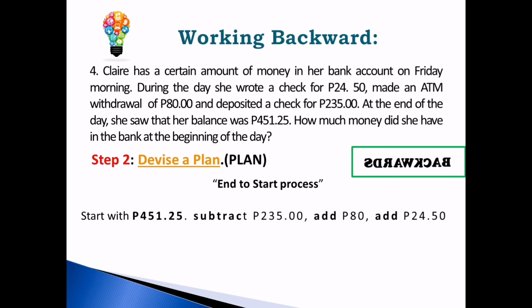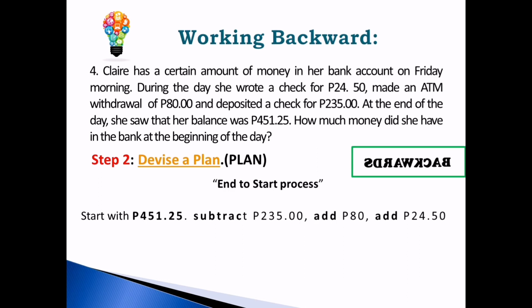Now here, in reality, you're going to get the money from your bank, which is 80 pesos. In backward, you're going to add it. So it's a total opposition to the given action when it comes to the operation to be used. Then lastly, when you wrote a check, you are supposed to get some money from your bank, so here, you simply add it.